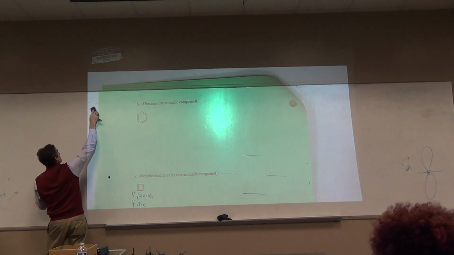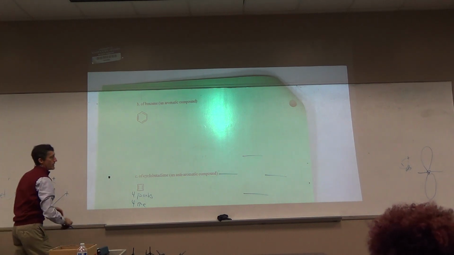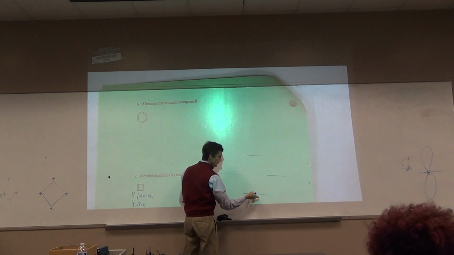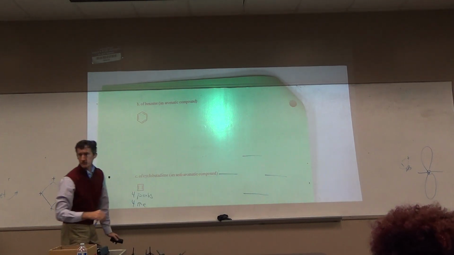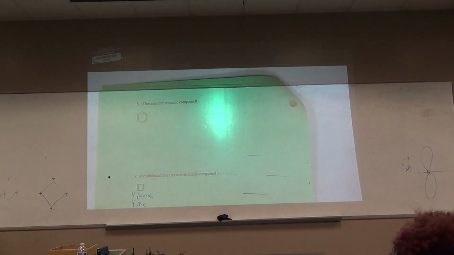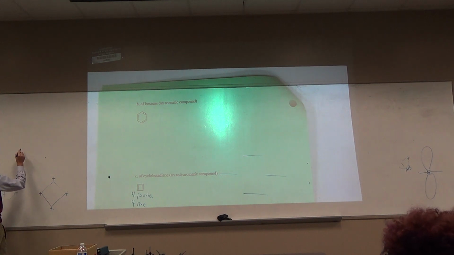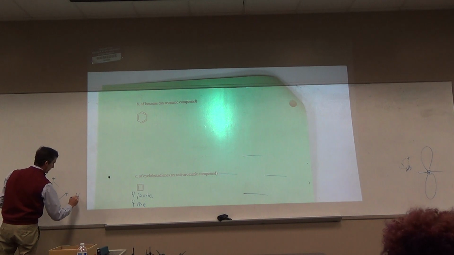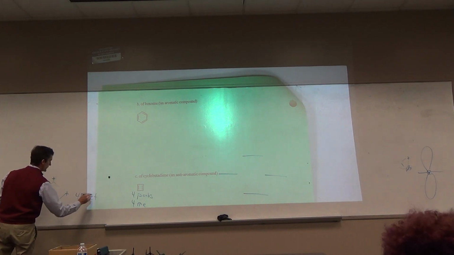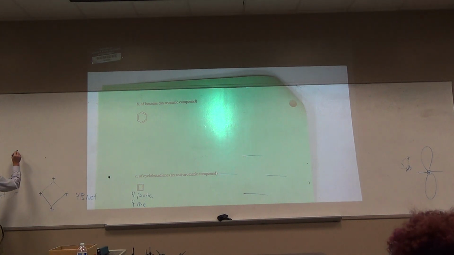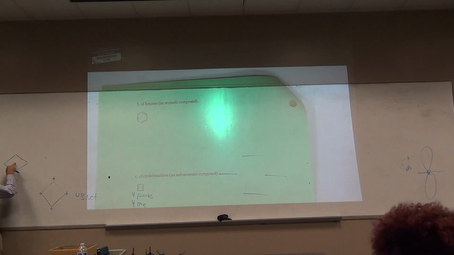Again, it could be 2 at the top, because if we were doing 5, it would be 1, 2, 2, for a total of 5. What is this? 4 bonding net. Everybody agree? How many nodes is this one going to have? 1.